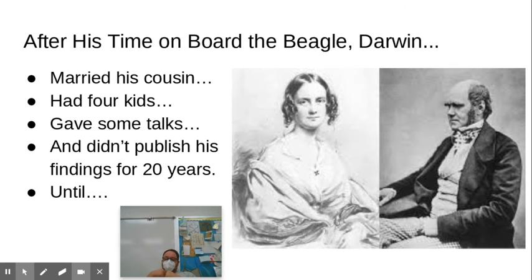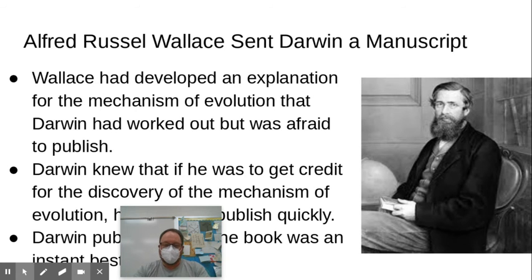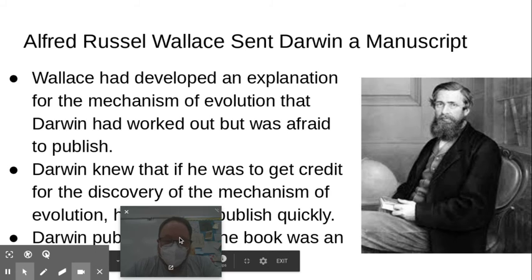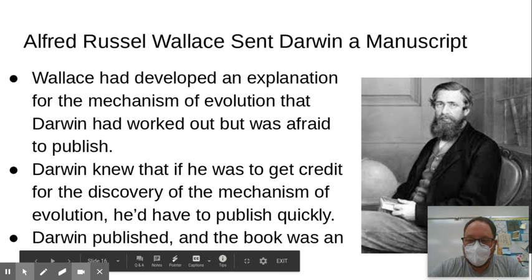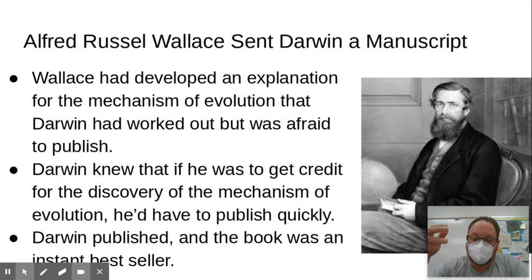So he sort of sat on it, didn't publish anything until decades later, he heard from Alfred Russel Wallace. This gentleman had also made some observations about nature and had developed his mechanism or explanation for evolution and how it occurs.